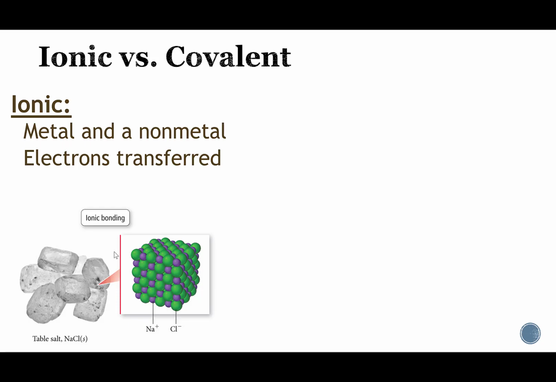A metal and a non-metal. A metal, remember, is going to be the left-hand side of our periodic table. Non-metal is going to be the right-hand side of our periodic table. So when a metal interacts with a non-metal, there's going to be a transfer of an electron. Somebody's going to take one. Somebody's going to give one away.